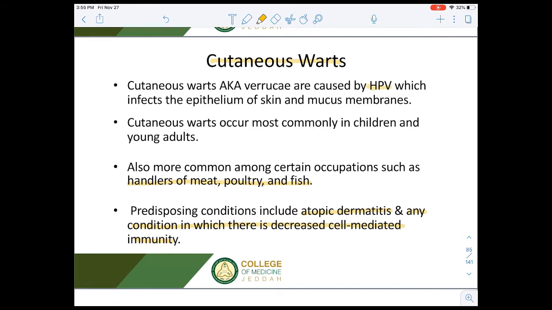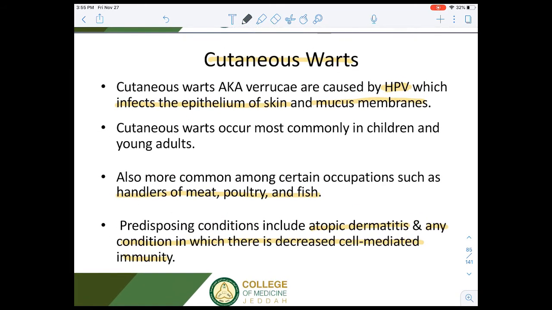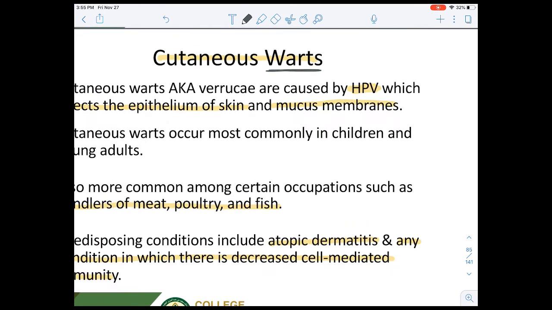for the natural history, they're caused by HPV, and HPV infects the epithelium of the skin. Specifically, it infects the basalis layer of the skin, and it also infects the mucous membranes. It mostly, and this is very important actually, not in explaining only the warts, but also all of the other conditions that might arise with HPV.